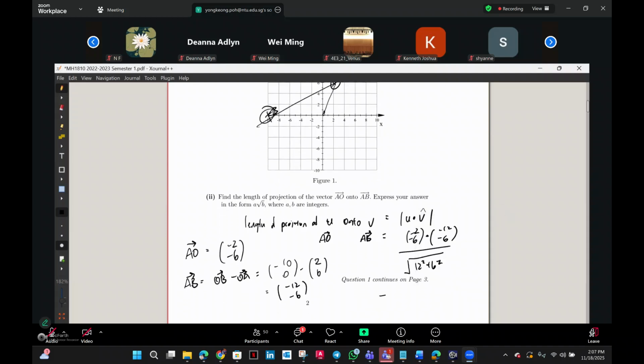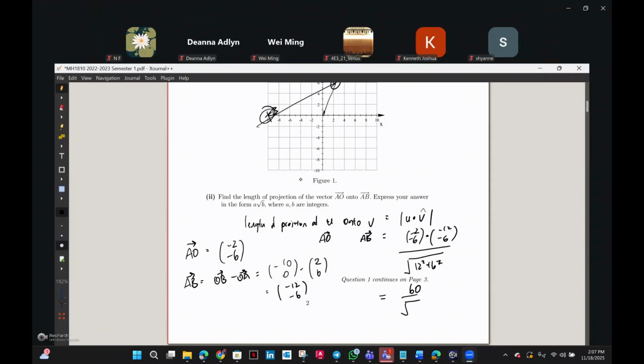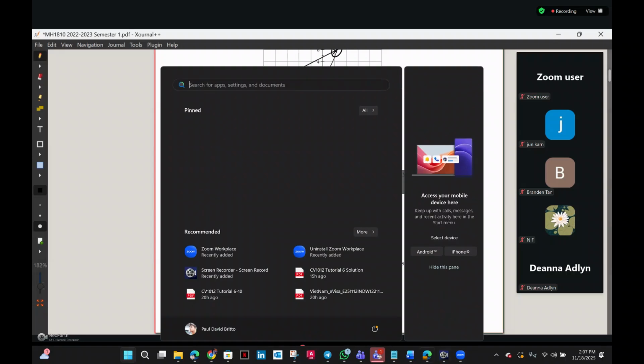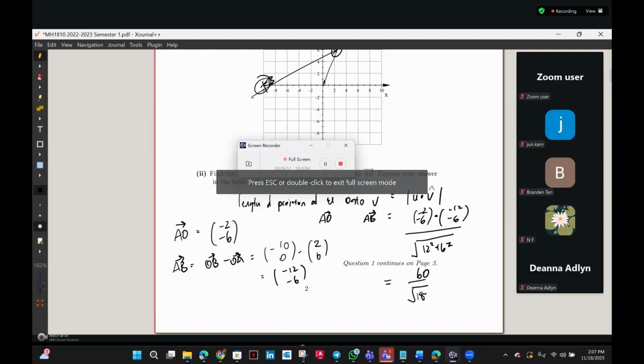So go ahead and take the dot product. Here you should get 24 plus 36, which is 60, over the square root of 144 plus 36, which is 180.